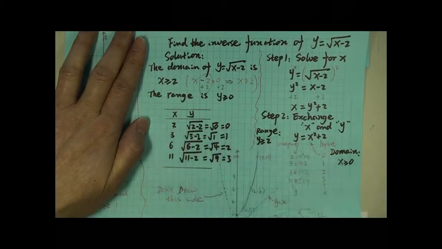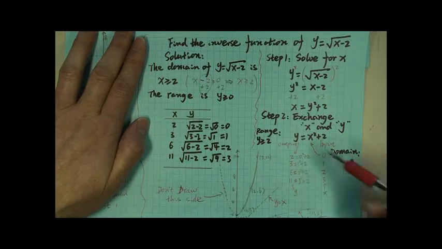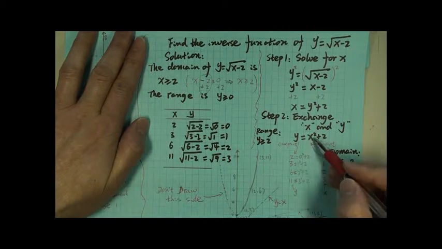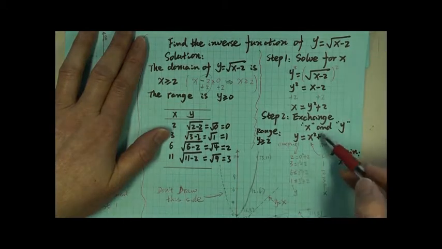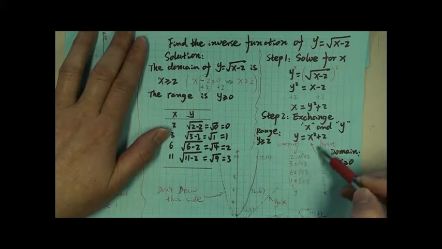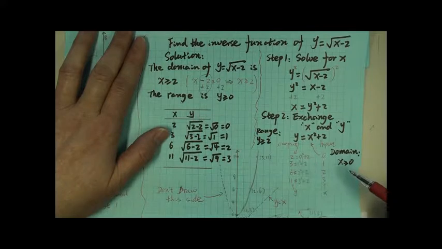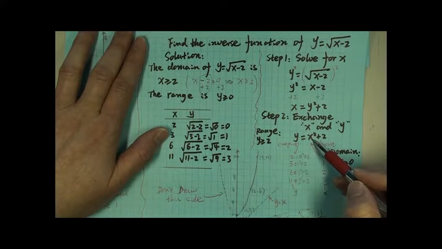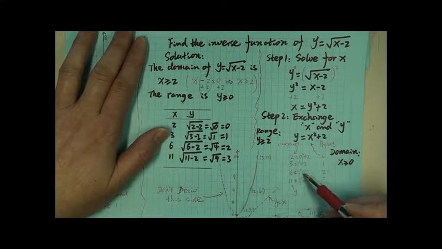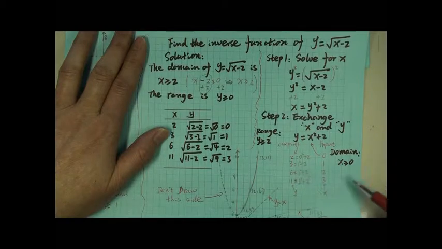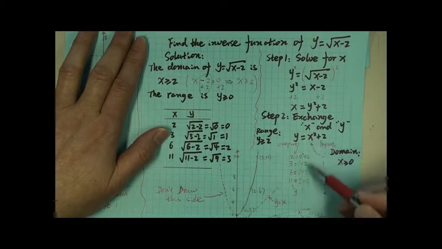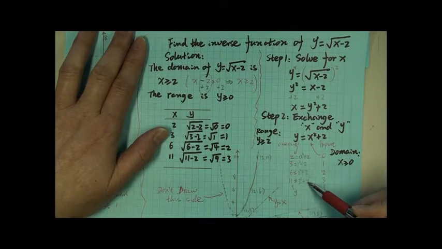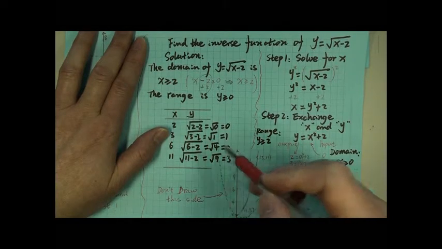Then you input 1 here. Do you get 3? From 1 you get 3. For sure. 1 squared plus 2 is 3. Plug in 2: 2 squared is 4 plus 2, you have 6. Input 3: 3 squared is 9 plus 2 is 11. So from 3 you do get 11.